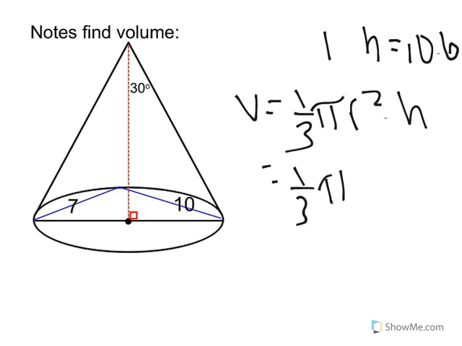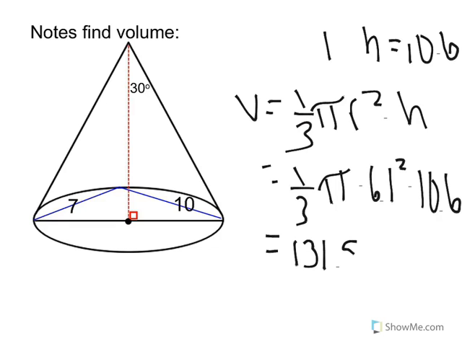So 1/3 pi, the radius was 6.1 squared, and then the height was 10.6. So that's about 131.5 pi, or rounded to the nearest tenth, you could say that it is 413.0, and those are both in units cubed.